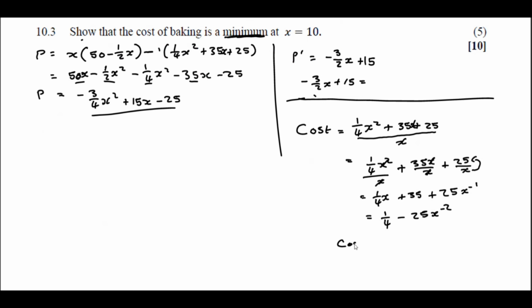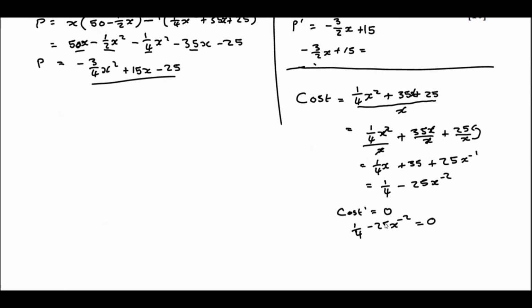The first derivative of the cost must be equal to 0, which is 1 over 4 minus 25 x to the power negative 2 equals 0. Now I'm going to take this to the other side: 1 over 4 is equal to 25 x to the power negative 2.